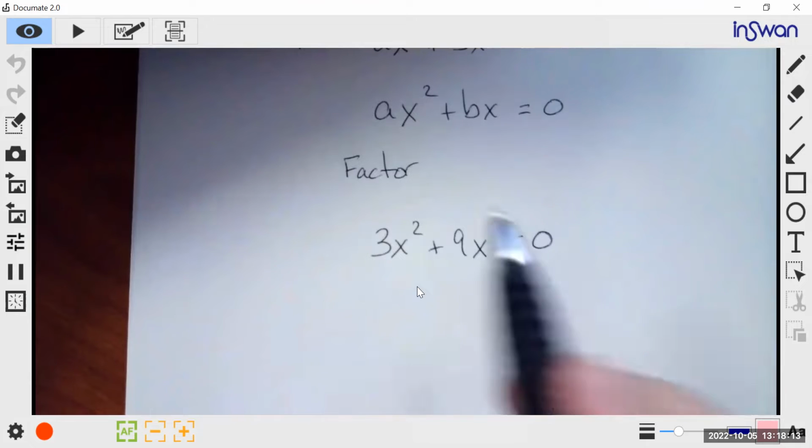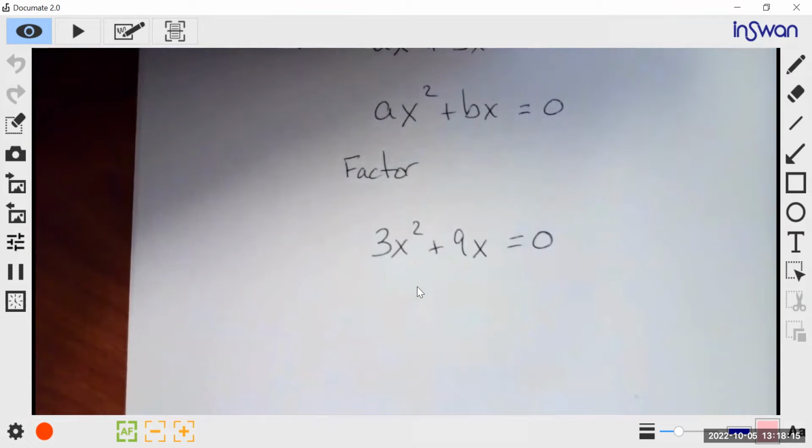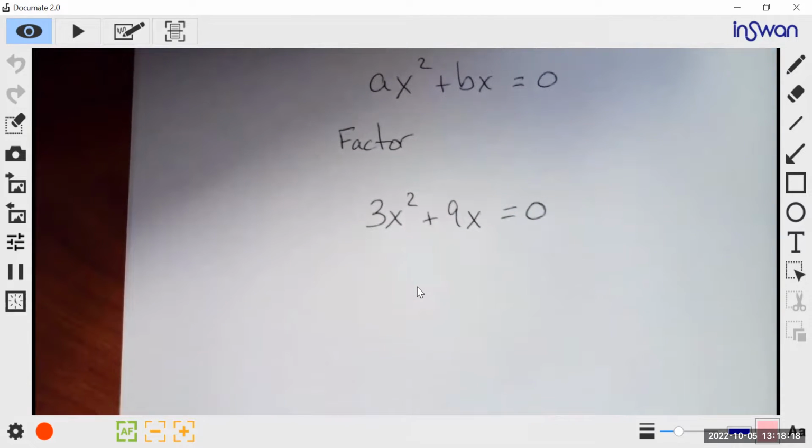So we have two terms and they both have x's. So what can we factor out of there? What do they both have in common?